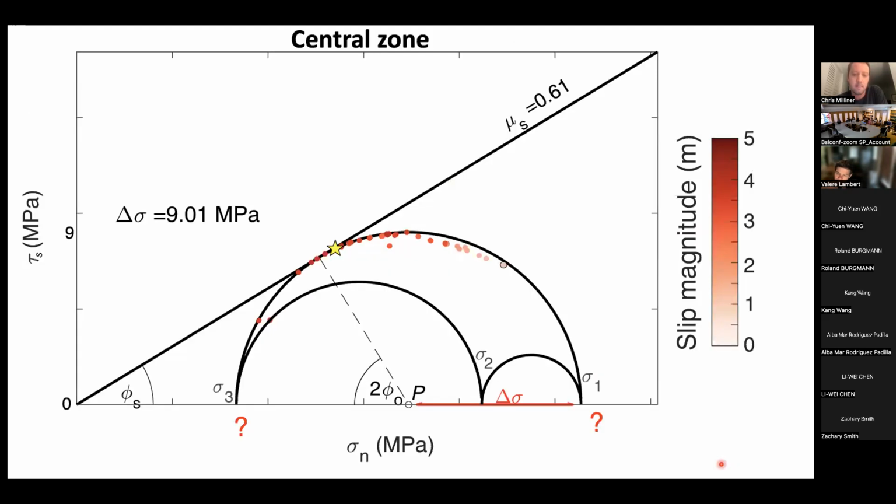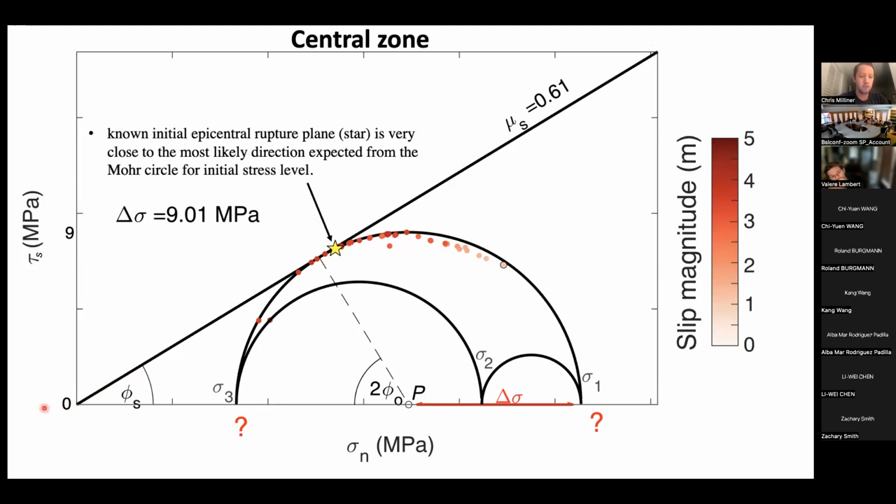so values that are pretty reasonable. So now we know the static friction from that equation, assuming that there's no cohesion, we can then use this as our failure criterion line. We assume there's no cohesion because prior work has shown that the fault was pre-existing.